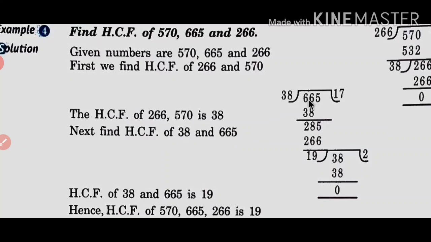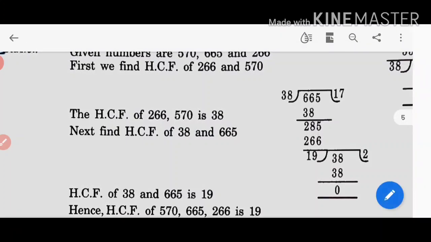So here the greater number is 665. It means we have to divide it by 38. First we take 38 ones are 38. Now minus this. So 66 minus 38 is equal to 28. Now 5 will come down, 285. Again 38 sevens are 266, and if we subtract this we get the answer as 19.